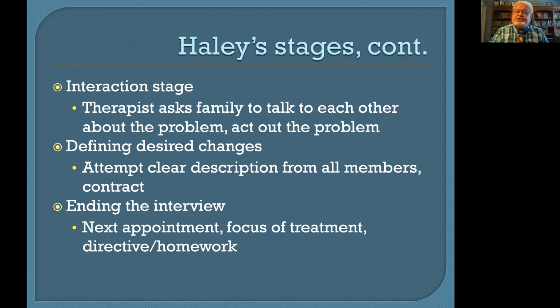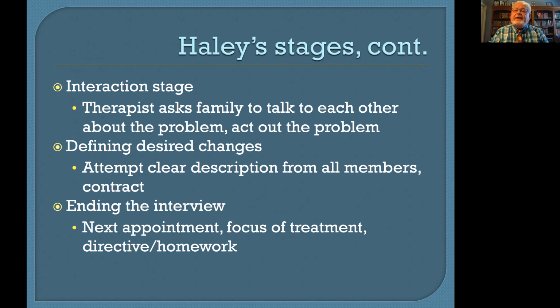During the interaction stage, the therapist asks the family to talk to each other about the problem or to act out the problem. This leads into defining desired changes, where there's a clear description from all family members about what they want to see changed, and this can lead to a contract about what is going to happen.